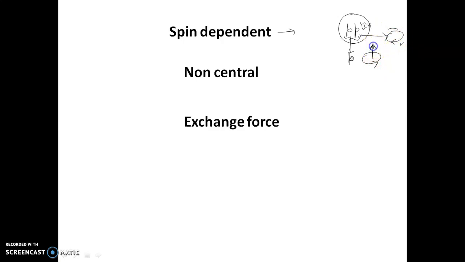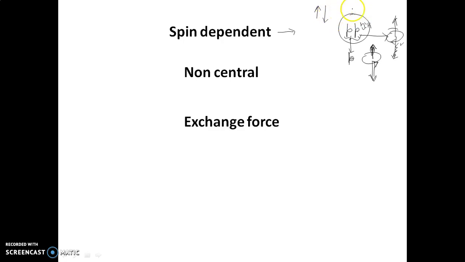So this spin is this way and this one is this way, or have I drawn it wrong? I think this should have been this way and this is this way. Nevertheless, what I want to say is the spins of these 2 protons are directed oppositely. So for one of them it's like this, for the other it's like this.